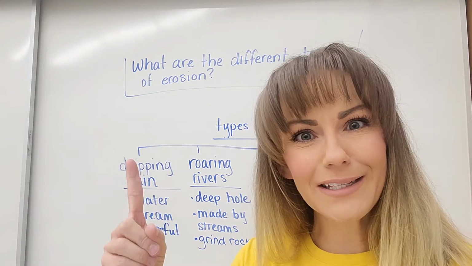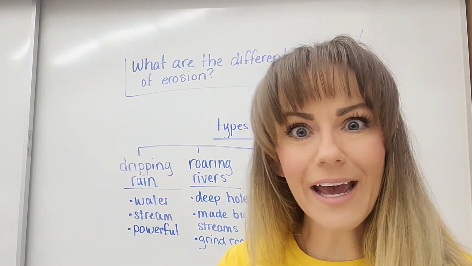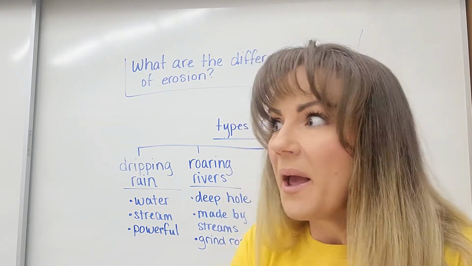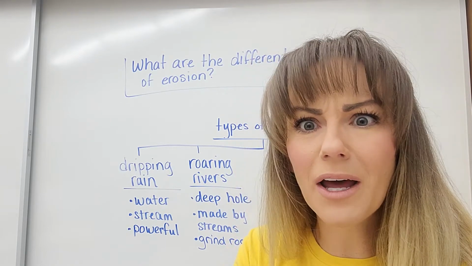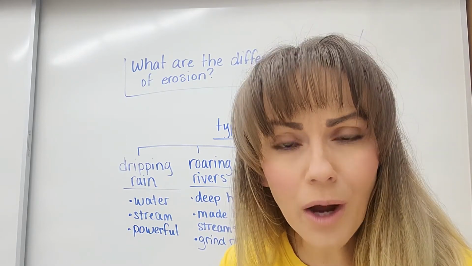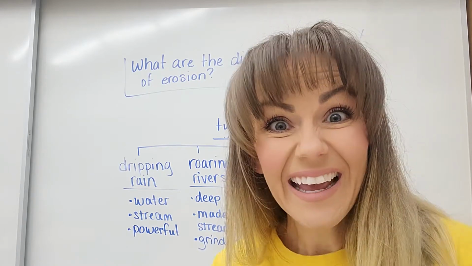I just realized after reading that last paragraph that this type of erosion is actually good for plants because the changes that it causes on the bottom of the riverbed actually helps plants to grow. Should we write that on there? Good for plants? Yeah, let's write it.